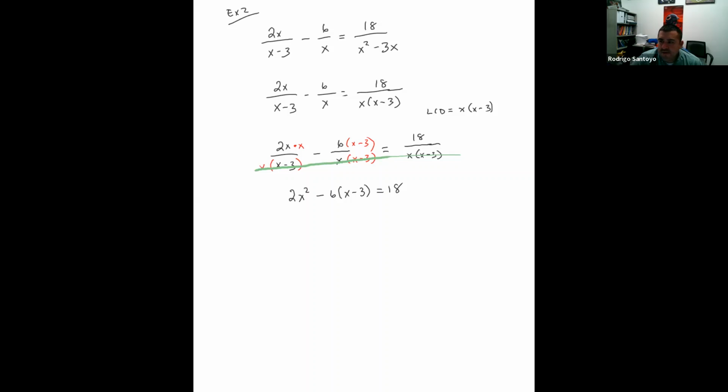Any questions there? And now this negative 6, right? We distribute to both of those terms, leaving us with 2x squared minus 6x plus 18 equals 18.